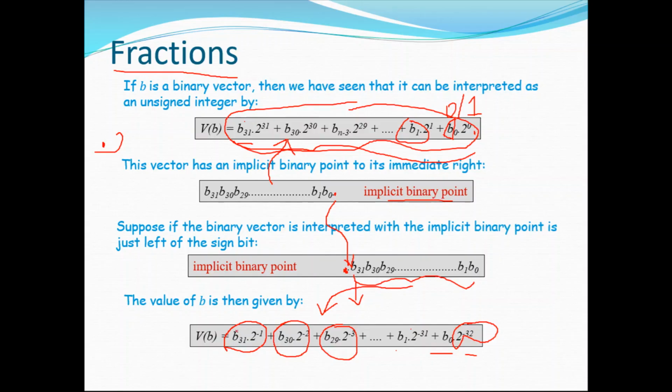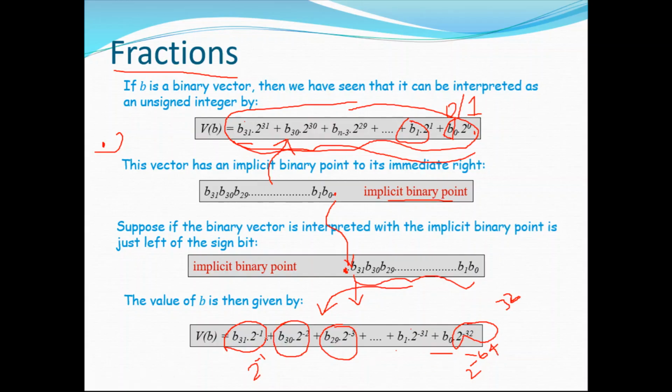But for numbers with a binary point, it starts with 2 to the power minus 1 and goes up to 2 to the power minus 32 for a 32-bit number. If it is a 64-bit number, it will start with 2 to the power minus 1 and go up to 2 to the power minus 64. For an 8-bit number it will start with 2 to the power minus 1 and go up to 2 to the power minus 8.